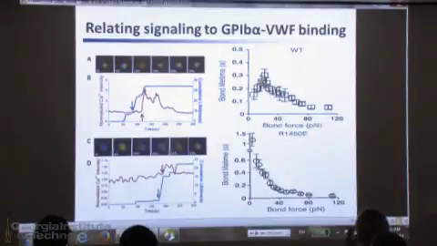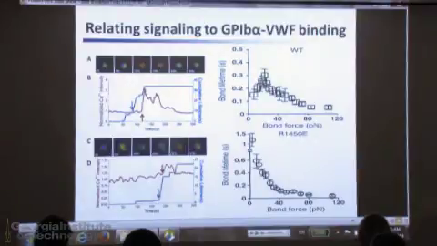So now the bonds have different force-dependent lifetime characteristics because with the increasing force, the bond dissociates faster and faster, or the lifetime is shortened by force. Whereas in here, the lifetime is first prolonged by force before it is shortened by force.